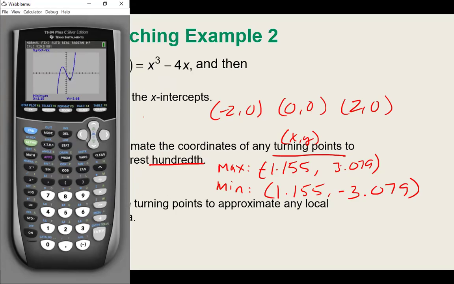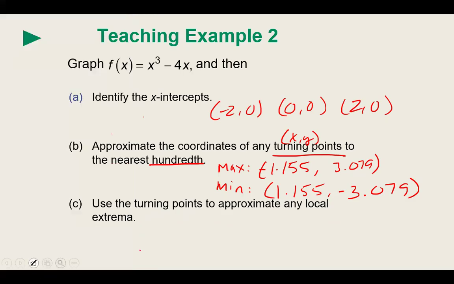Okay. So now it says use your turning points to approximate any local extrema. Well, my turning points are going to approximate my local extrema. Local extrema, again, means that I'm only putting the what value? Extrema means I only care about the y value, okay? When you're referring to extrema, you're asking for the y value.